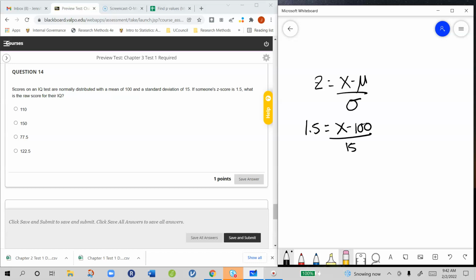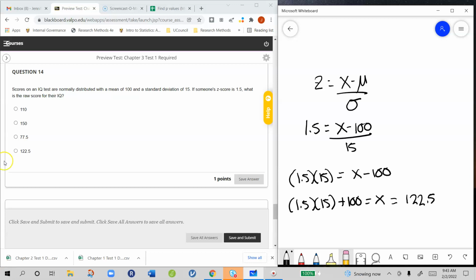So to solve this, you take 1.5 times 15. You're multiplying both sides by 15, which gives you x minus 100. And then you add 100 to both sides. So you'll have 1.5 times 15 plus 100, which will give you your x. And if you work it out, that will give you 122.5. That is the person's raw score. And we could tell that they were going to be above the mean. They're above the mean by 1.5 standard deviations.